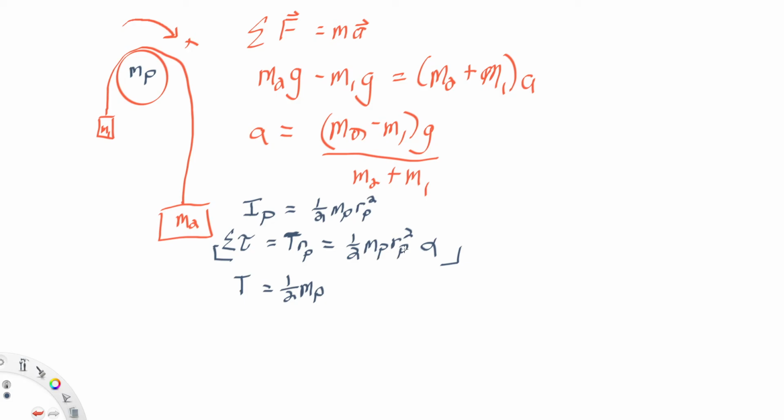So one of these r's goes away, and in the other case, we can recognize that r times alpha, the radius times the angular acceleration, is equal to the linear acceleration. This gives us two unknowns, and then we're able to do an analysis on the second block as well, M2.